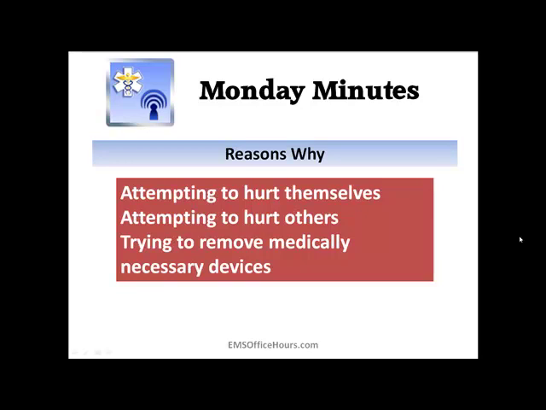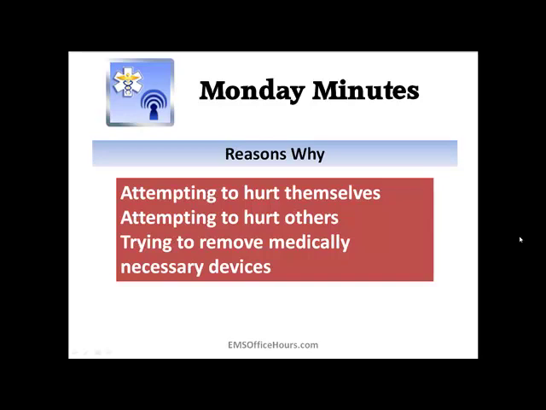You have a patient intubated, you have an IV in place that you're giving drugs through. If they try to remove the endotracheal tube, it's going to cause more damage, and of course cause airway compromise. So you might have to restrain them for something like that.